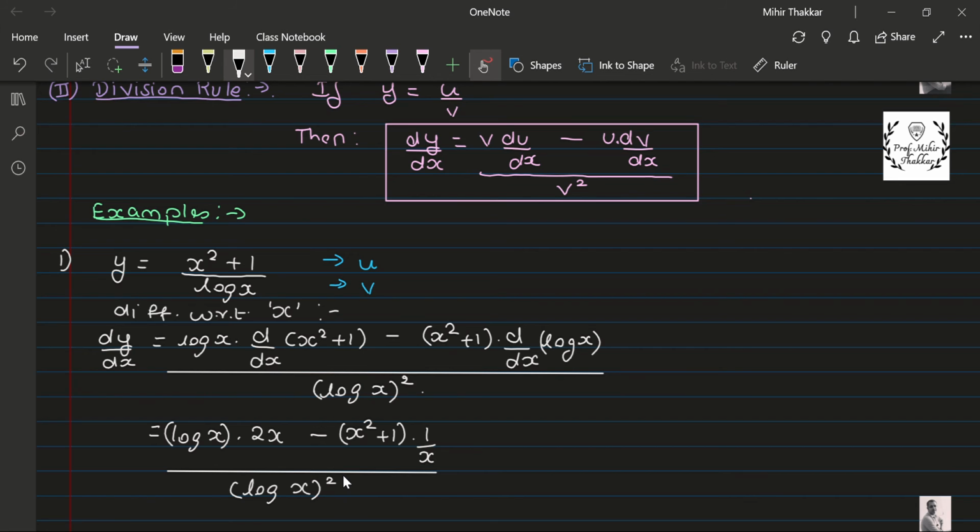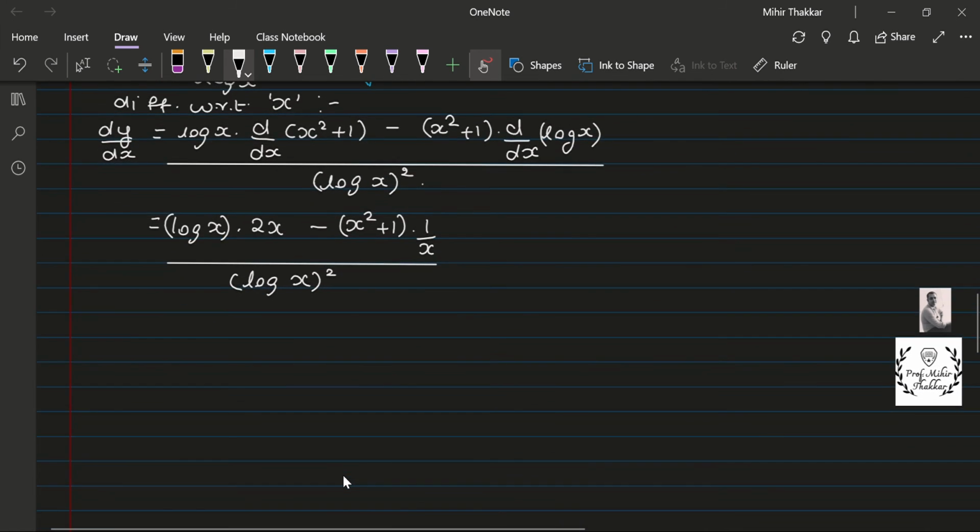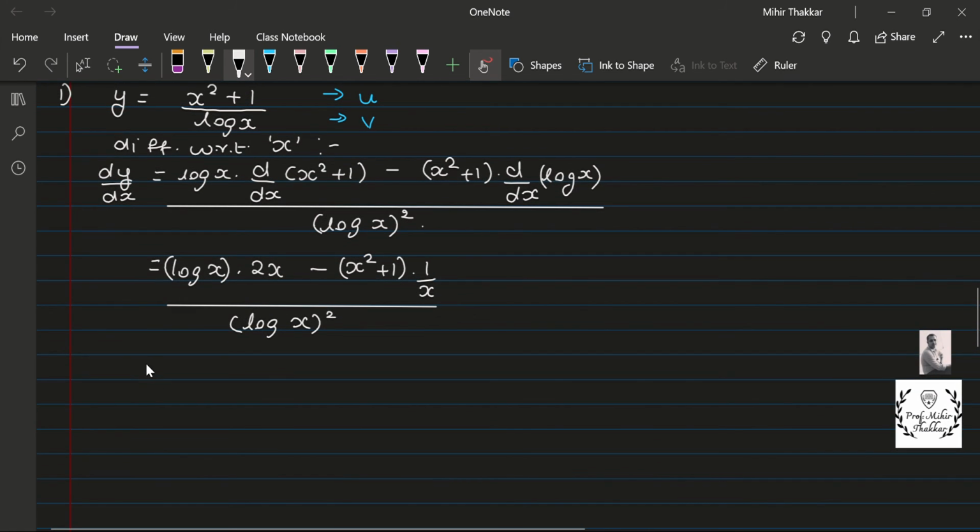So what do we get? I can take the LCM over here in the numerator. So it will become 2x into x, 2x square into log x minus x square plus 1 inside the bracket, whole upon x.